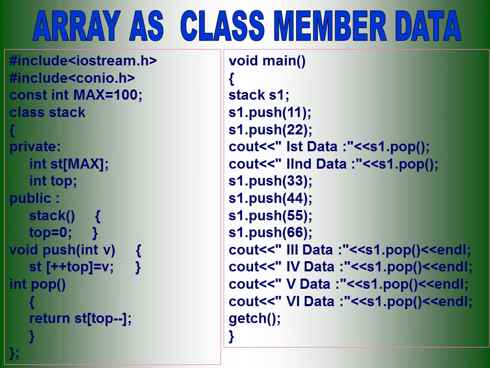This is a global declaration value that gives the length of the array. Into the class we use it as an array: integer st of size max equal to 100. So up to 100 values can be stored using the array, and that forms a stack. This program expresses the stack operation. We store and retrieve particular values up to 100, and we insert and delete the data by using the array.